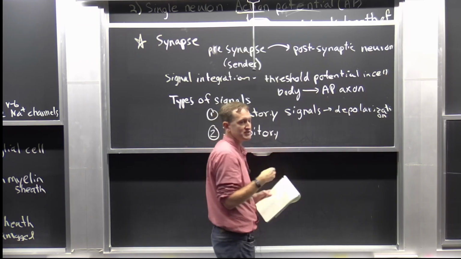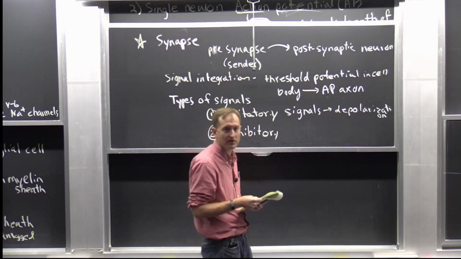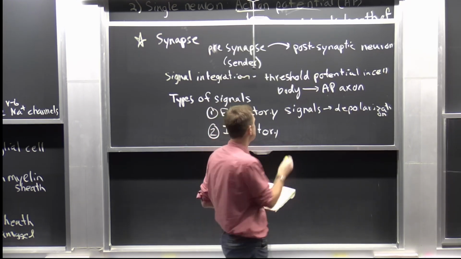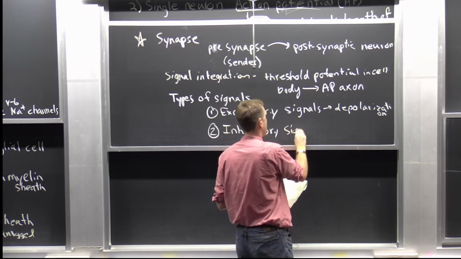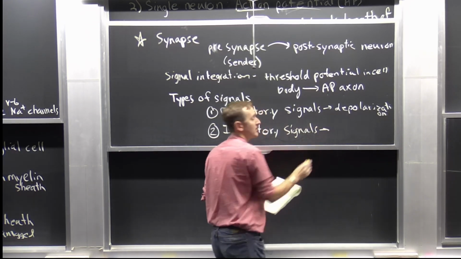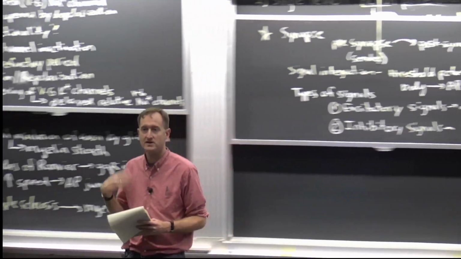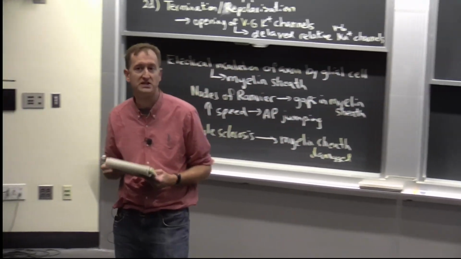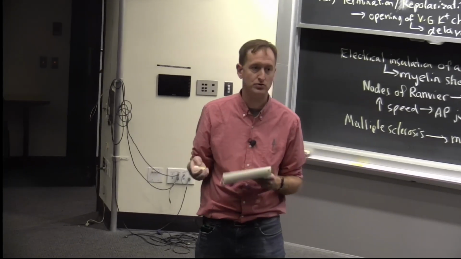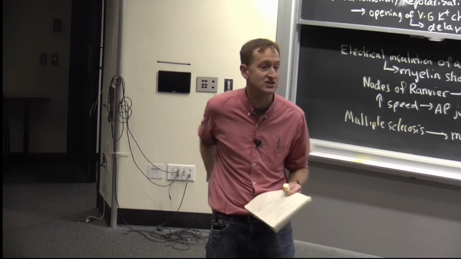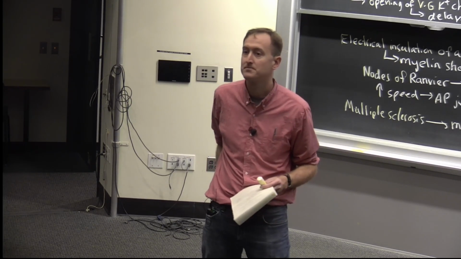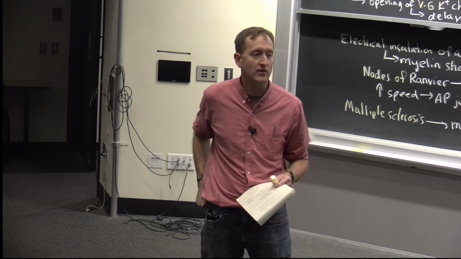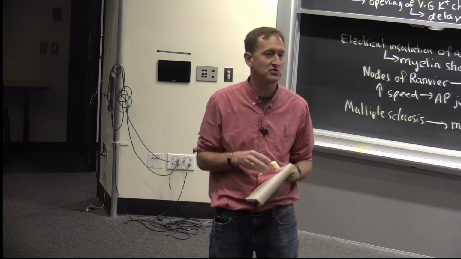What might be a type of receptor that would inhibit this process of sending an action potential? What might an inhibitory receptor be to lower the chance that this action potential will be fired? What if I told you it's an ion channel?